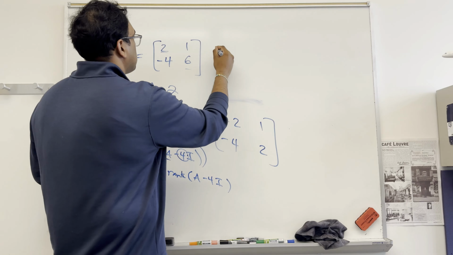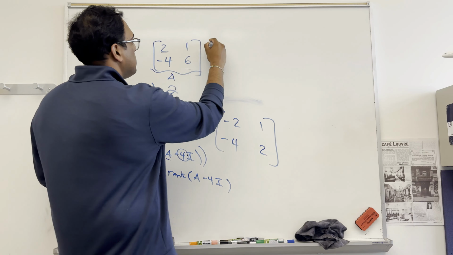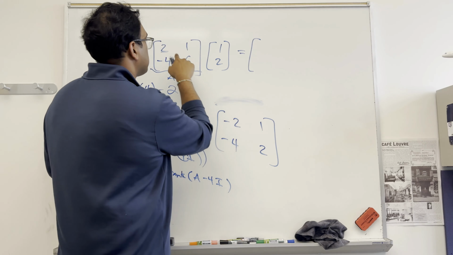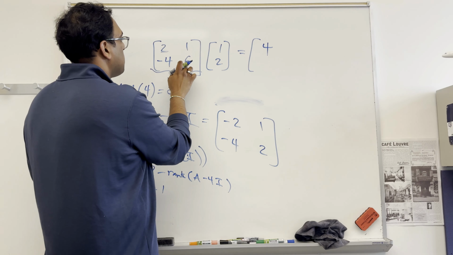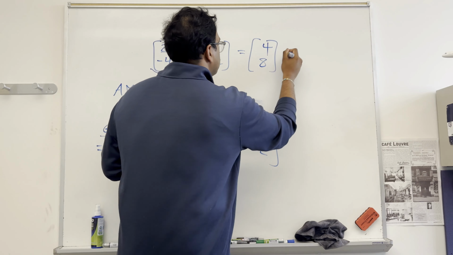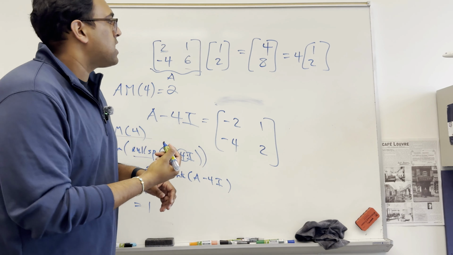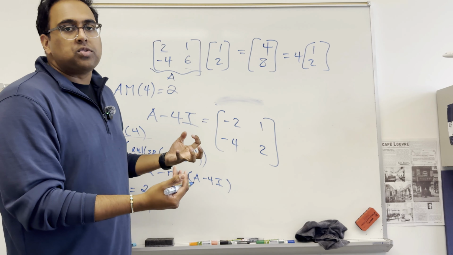So if I take a vector 1, 2 and multiply A by that, I'm going to get back 4 of my original vector. So I get 2 plus 2, that gives me 4. And here I'm going to get negative 4 plus 12, which is 8, which is indeed 4 times 1, 2. The issue is that there isn't a vector that is linearly independent from 1, 2 that I could also do this with, right?